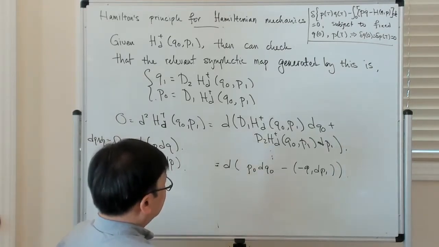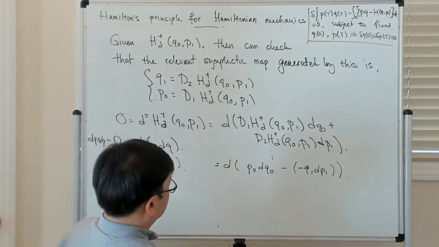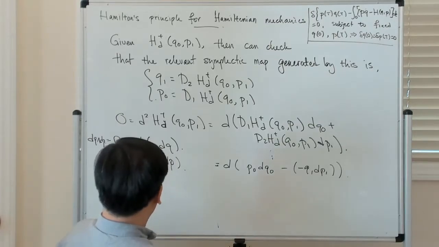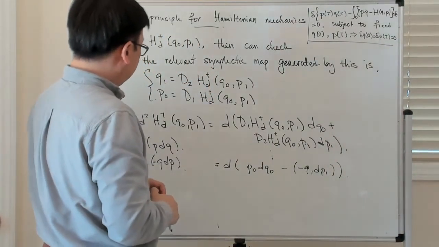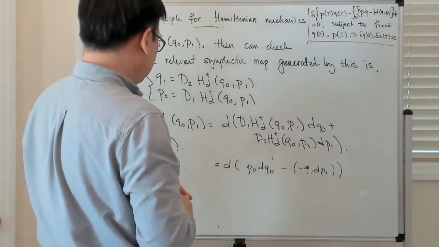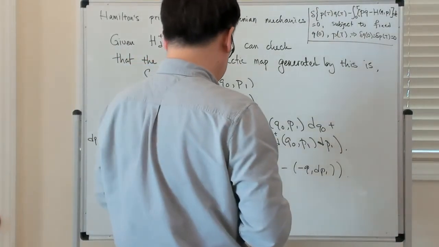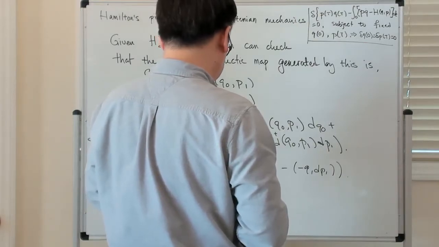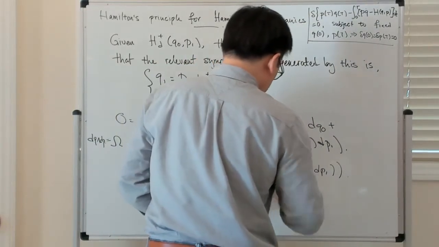Okay, so what you do is you identify these two things. So P0 is D1, and let me just write it this way.